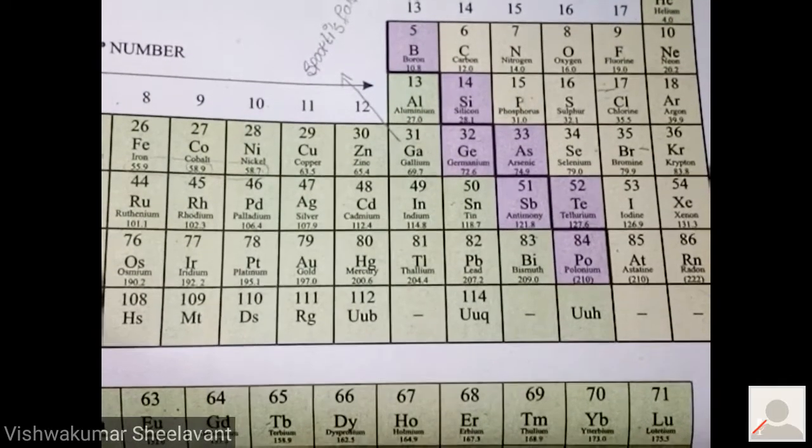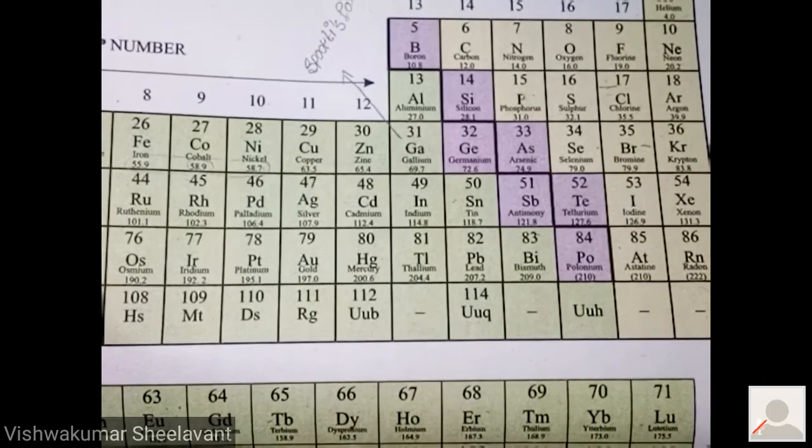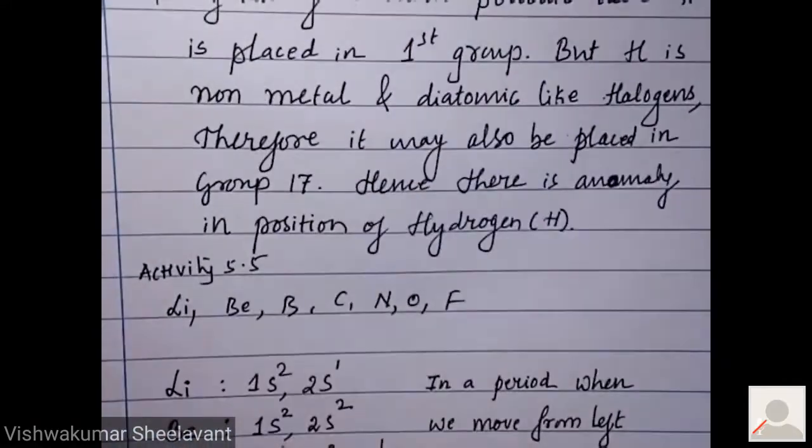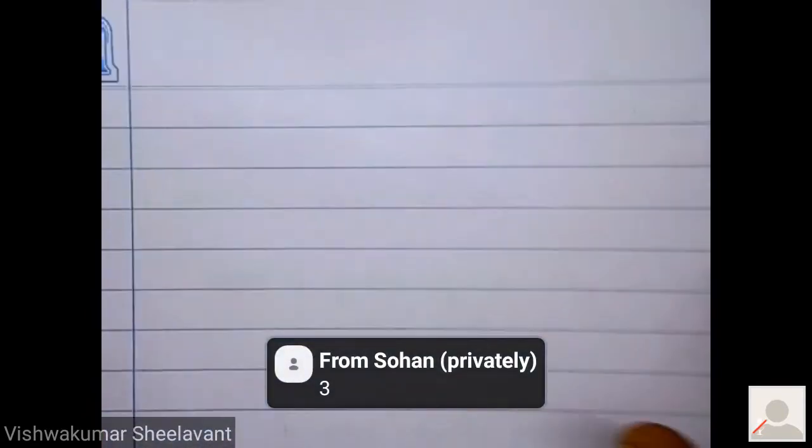So how many orbits should be there now? Can you tell me quickly? If they belong to the third period, how many orbits should be there? Very good.